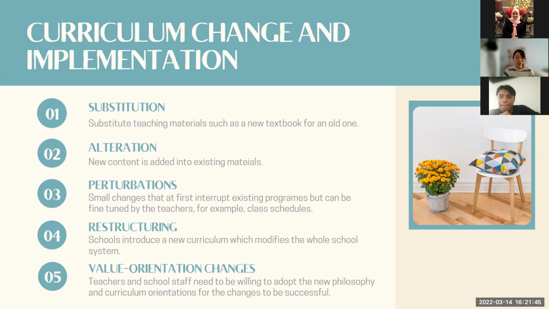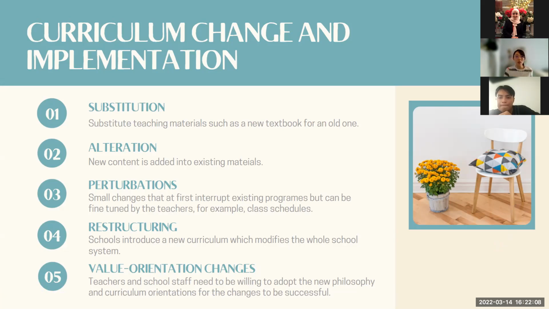And lastly is the value orientation change. This change is not really seen with our eyes, or maybe it's not a physical change, but it is a change in teachers and school staff. In order for curriculum change to happen successfully, the teachers and the school staff need to be willing to adopt the new educational philosophy of the new curriculum, as well as the curriculum orientations.